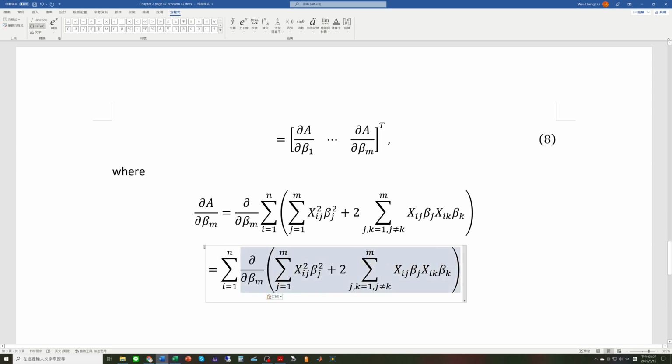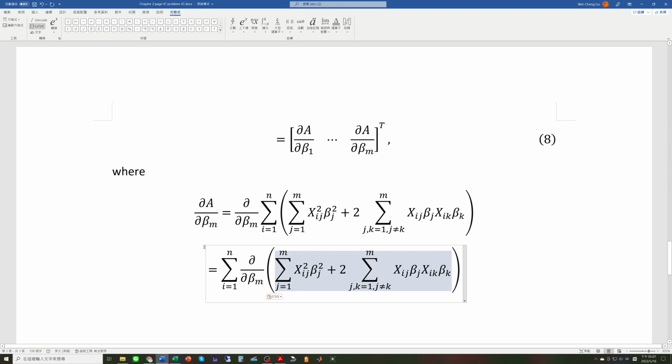When taking the partial derivative with respect to beta M, we can only keep the terms which have beta M, and delete the terms that do not contain beta M, because they are constant.